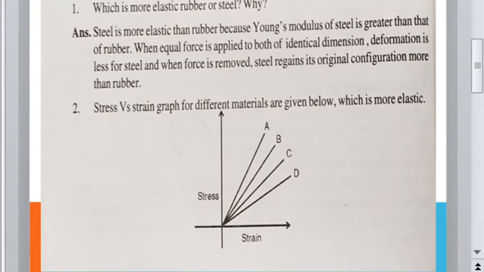So stress by strain is the slope of the graph, and stress by strain gives the value of Young's modulus. From the figure it is very clear that substance A has more value of stress, so the numerator is a very big quantity for material A. So we can simply say that material A has more value of Young's modulus, so it is more elastic. Okay.